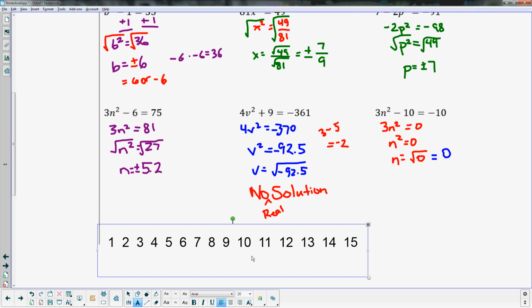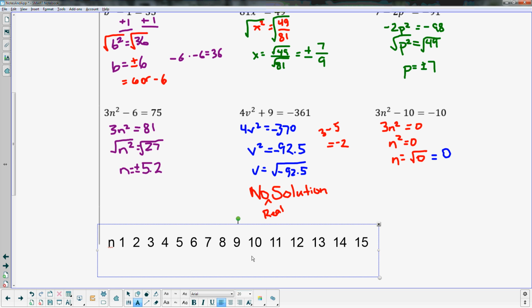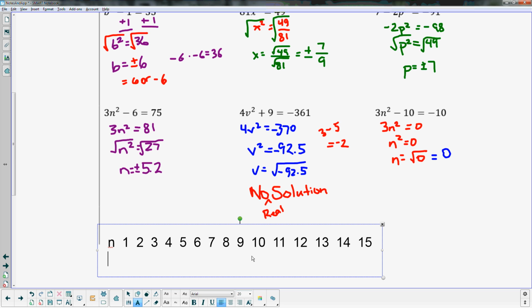For this list, I just want it to be the number, and for this list, I'm going to have it be n squared. This is an important list to know. It's pretty easy to find, but it can really help you out.